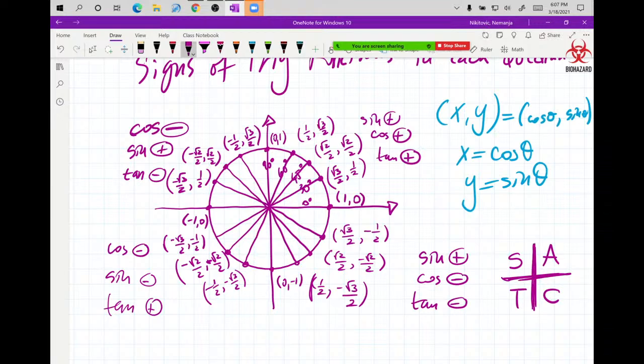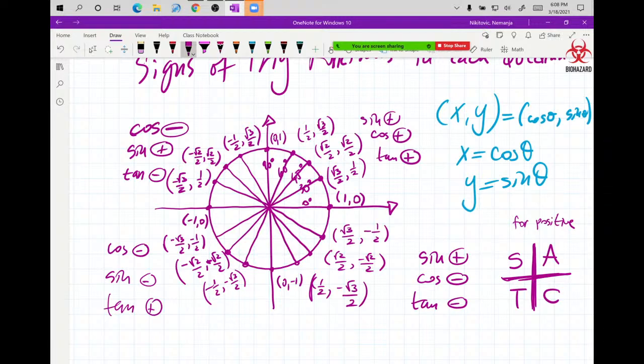Yeah, wishful thinking, right? All students take calculus. And that's for positive. Look, in the first quadrant, all of them are positive. But look at the letters. Students take calculus. Sine, tangent, cosine. Those are the only positive ones in those quadrants.